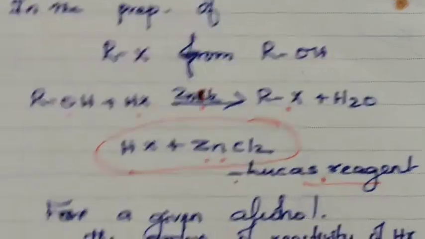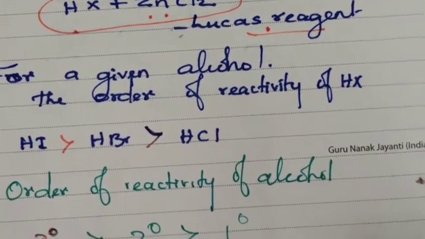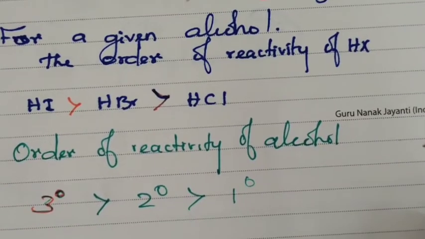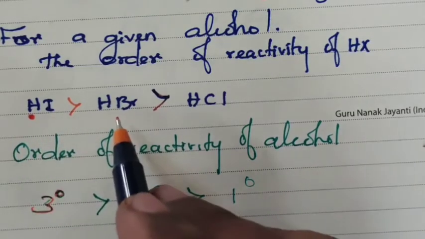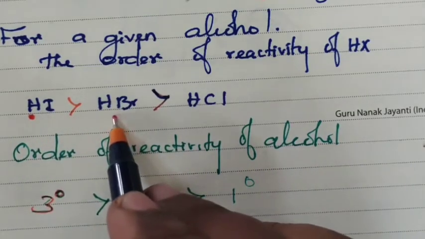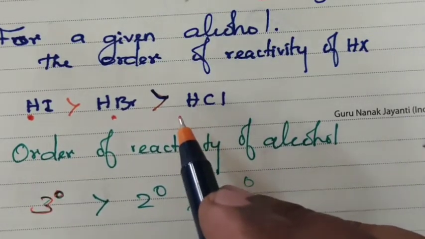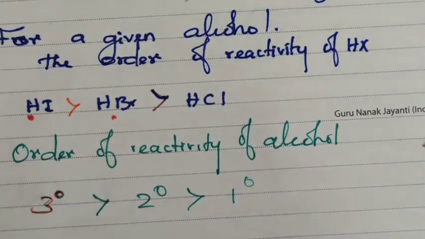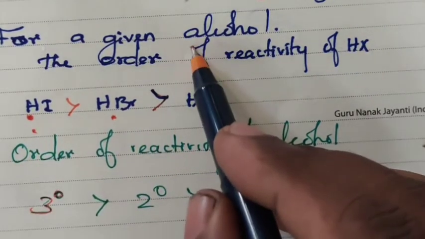Because for a given alcohol, the order of reactivity of hydrogen halide is: HI, hydrogen iodide, is more reactive than HBr. HBr is more reactive than HCl. This is the order of reactivity of hydrogen halide for a given alcohol.